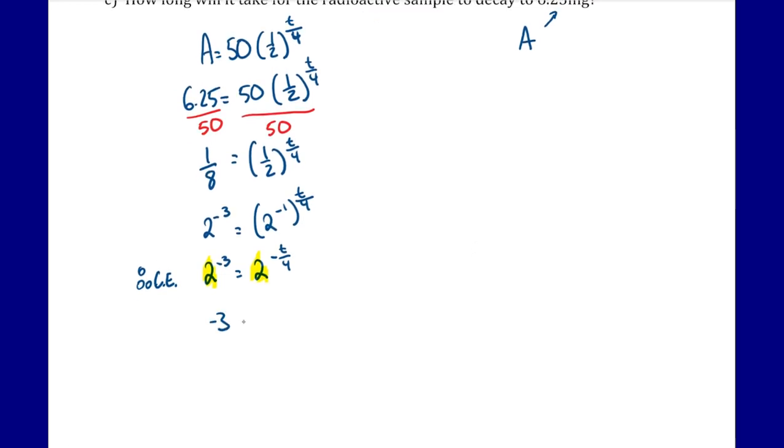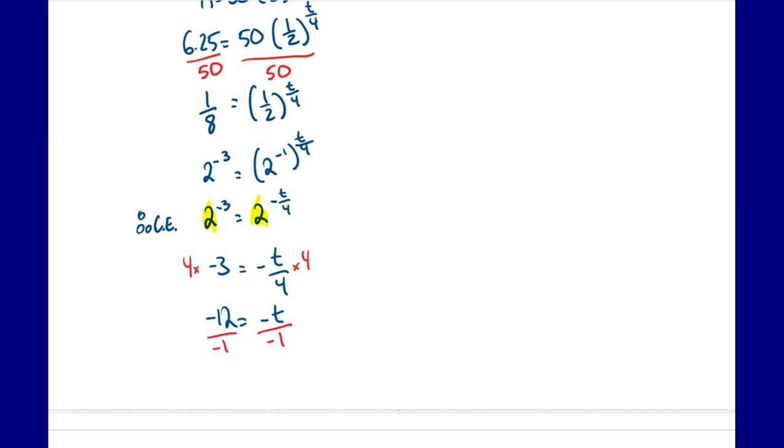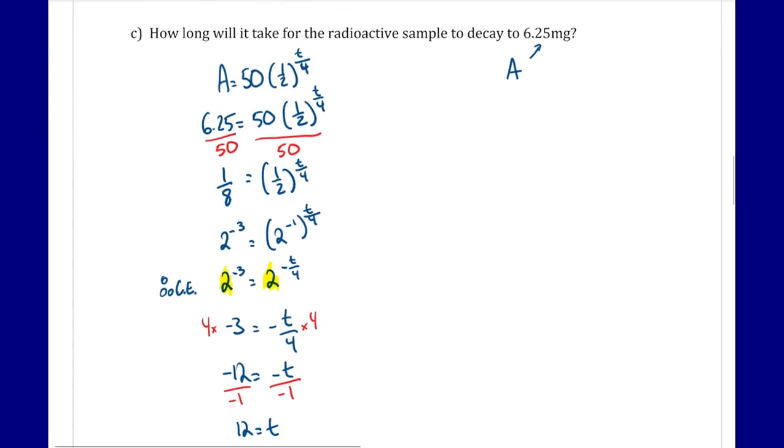So -3 is equal to -t over 4. I can bring the 4 up, or I can multiply both sides by 4. I get -12 is equal to -t. I can divide both sides now by -1, and I get 12 equals t. So therefore, this is our final answer.